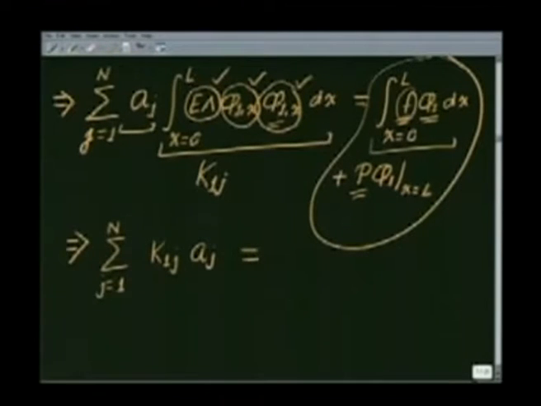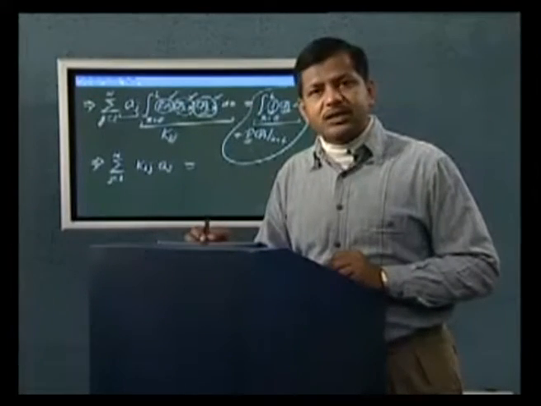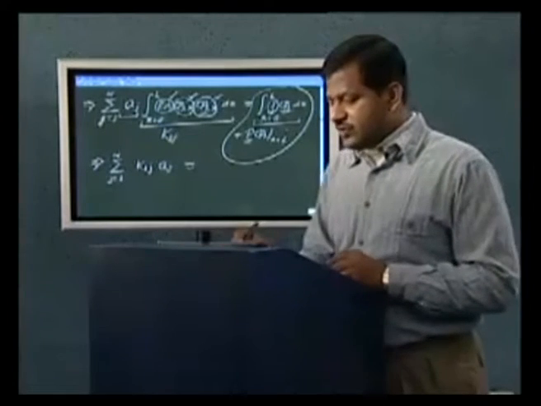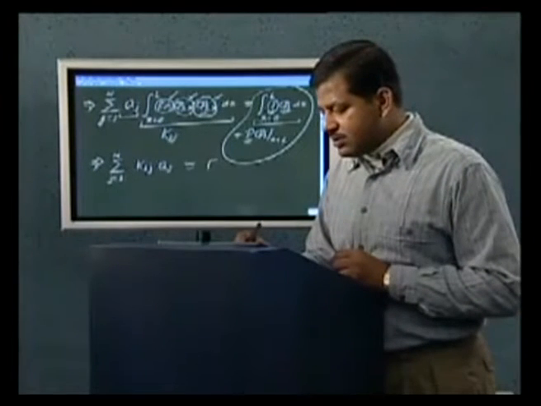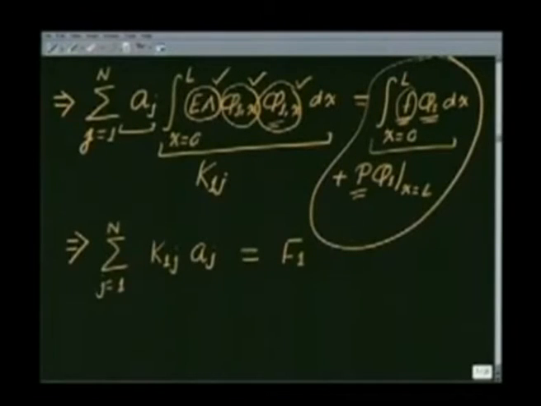So this f will remain fixed as a function. So f into phi 1 integral over x equal to 0 will be a number corresponding to phi 1. Similarly, p into phi 1 at x equal to L will also be a number corresponding to phi 1. So we are going to call this as f1. So this is one equation that we get.